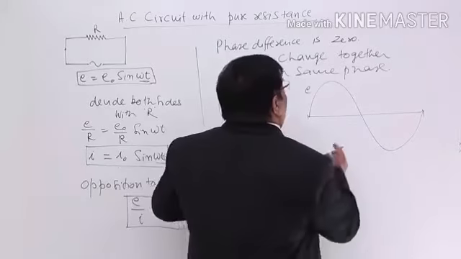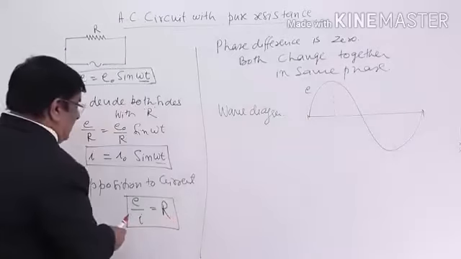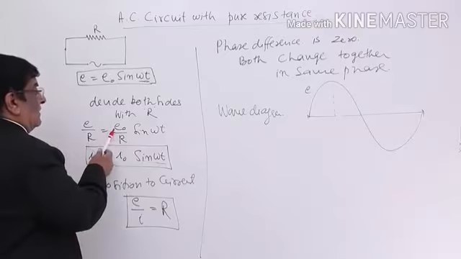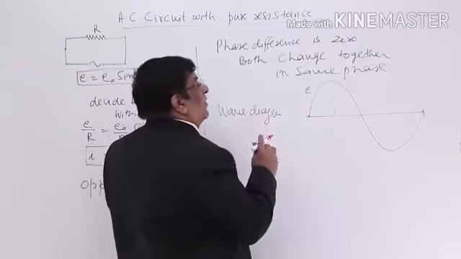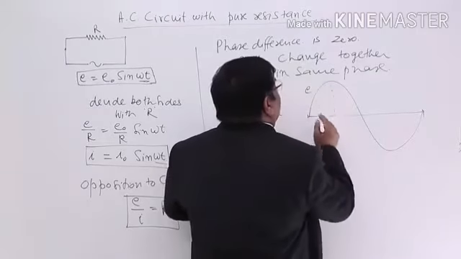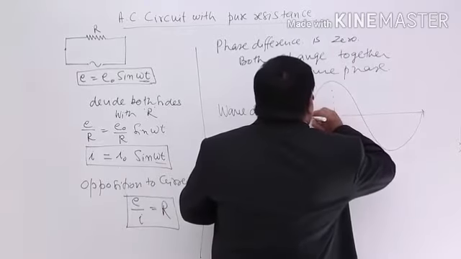Answer, the current will have the same phase, but the value of current will be slightly less than E, because when we divide E by R, then only we get the current. So I is always smaller than E, because E divided by R becomes I. So this will be this way.